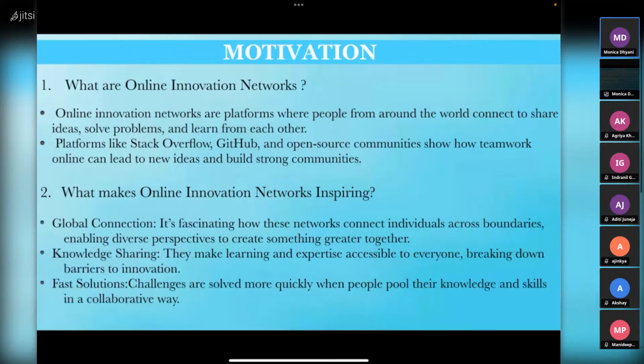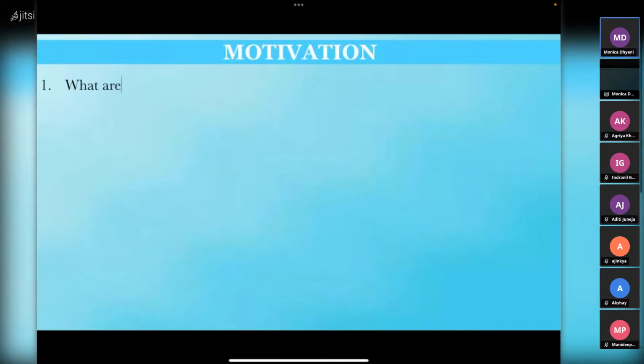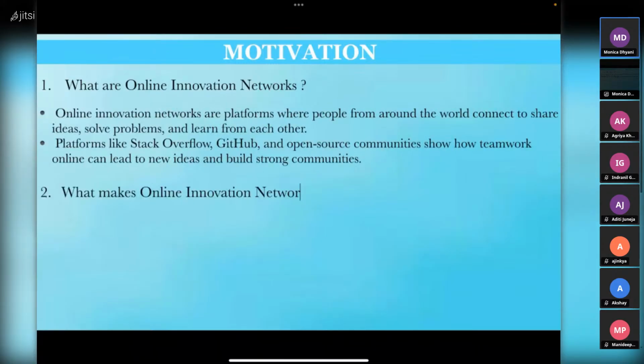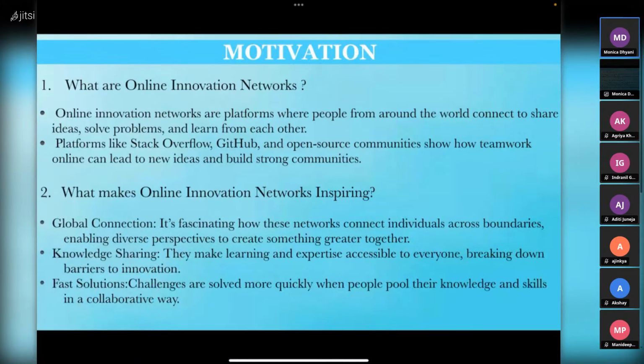First of all, global connections are created by bringing together people with diverse perspectives. They promote knowledge sharing by making learning available to all through collective knowledge, and they solve complex problems effectively and efficiently.